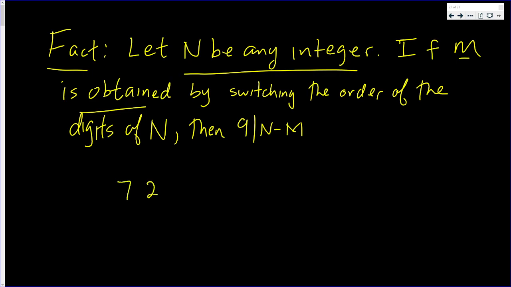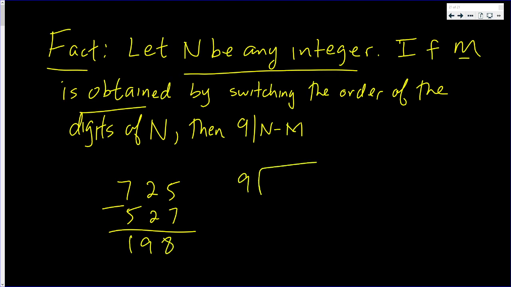Well, if n is 725 and you switch the order, 527, this difference, which looks to me to be 198, is going to be divisible by 9. 9 goes into 198: it goes in 2 times with 1 left over, and 9 goes into 18 evenly 2 times. That is, no remainder. 9 did divide this.